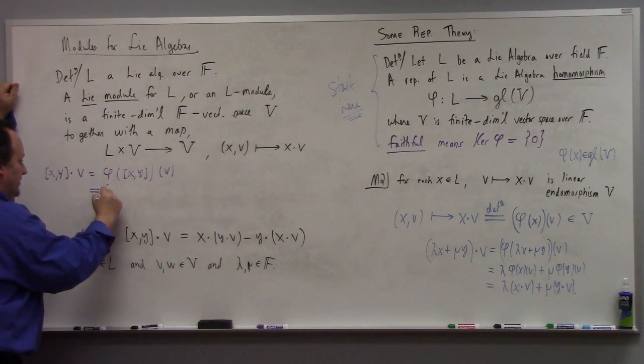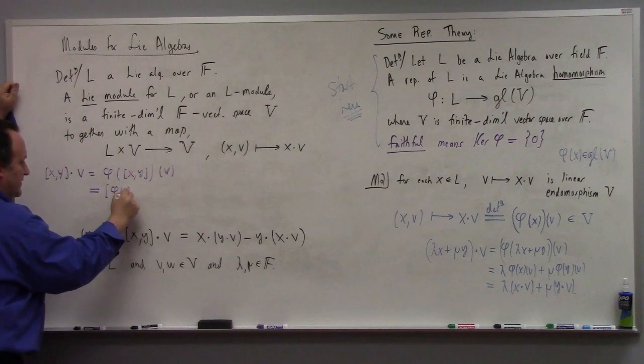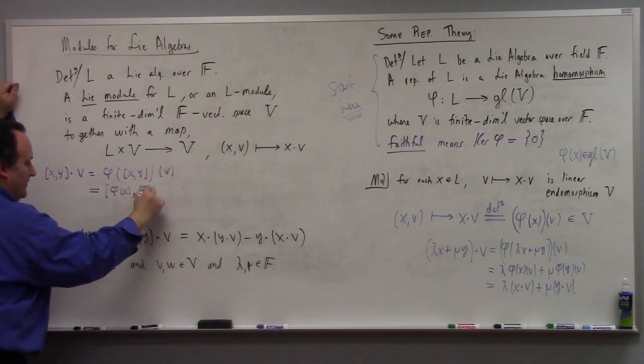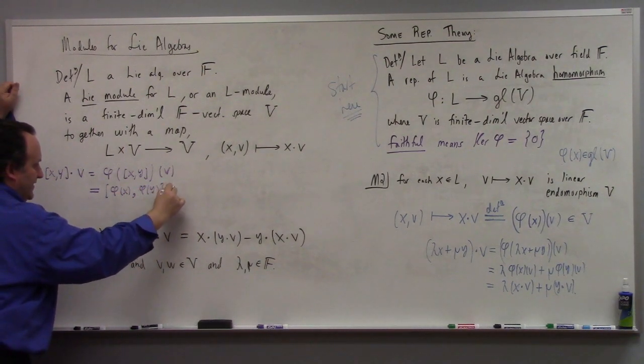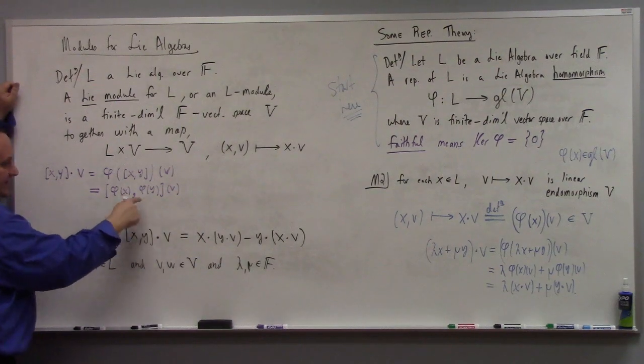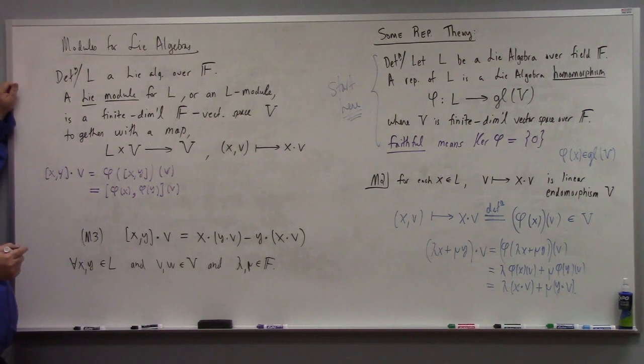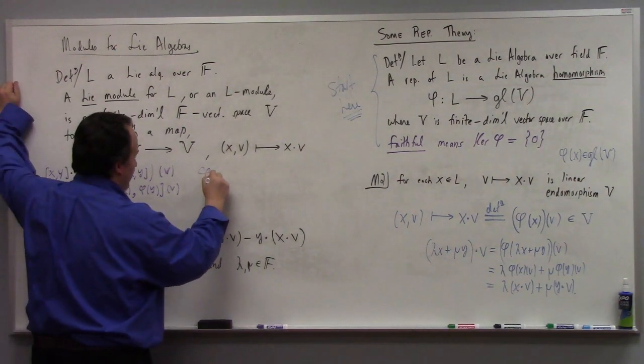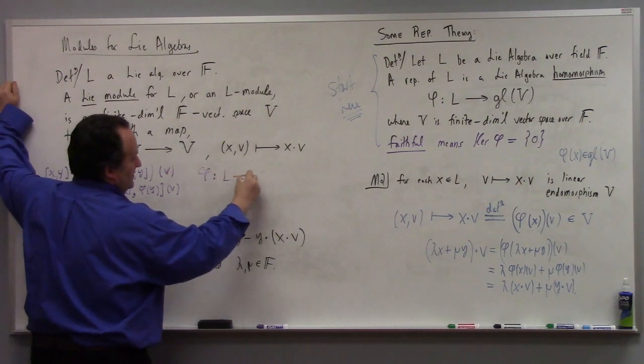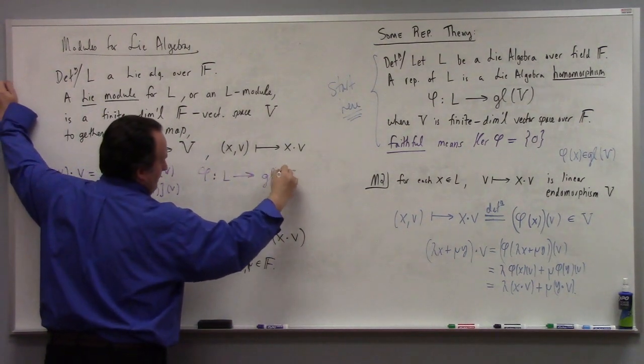So this is supposed to be like the bracket of phi of x and phi of y acting on v. But this is the commutator. It's the bracket in GL(V). Right? So phi is a homomorphism from L to GL(V), right?